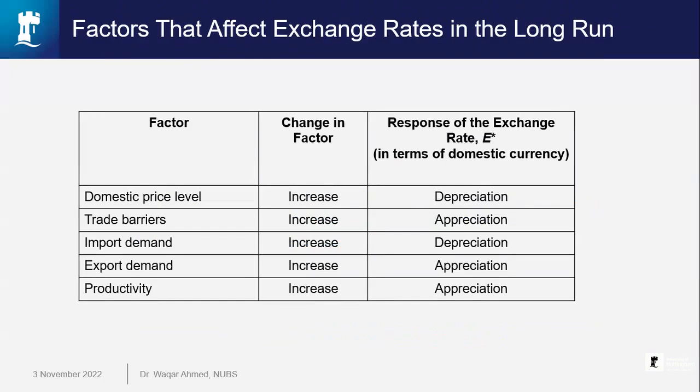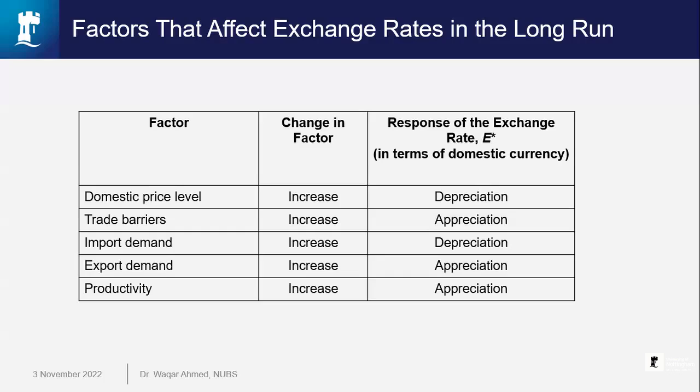Right, okay, so other factors that can potentially affect exchange rates in the long run are as follows. We already looked at price levels: if prices increase in the home country, its currency must depreciate to ensure the law of one price. Then we have trade barriers. The law of one price comes with certain assumptions, and one of those is that there are no trade barriers.